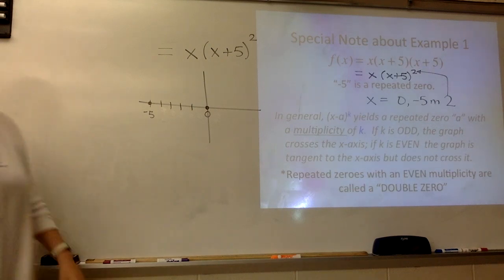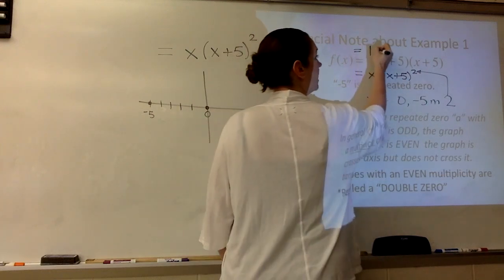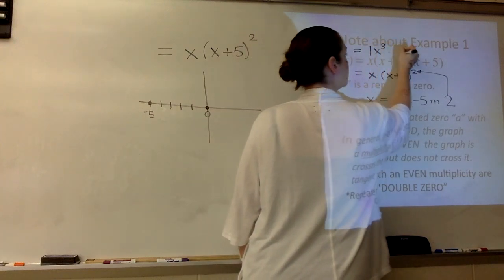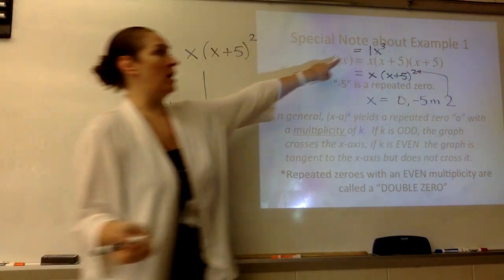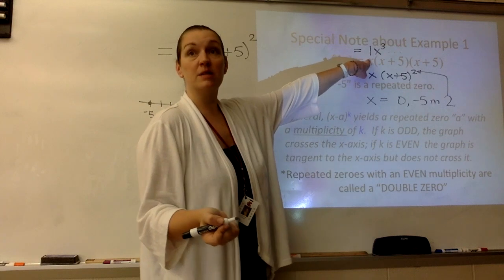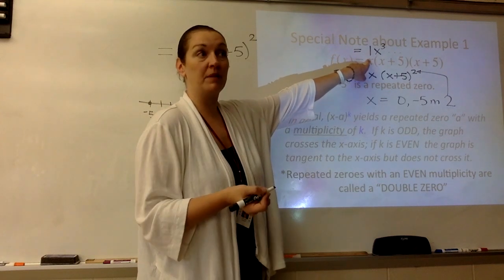Let's talk about leading coefficient tests. If I multiply this out, I'm going to get 1x cubed plus more terms after it. What's going to happen for the end behavior of 1x cubed? This is the part you probably want to check in if you haven't been paying attention, because we're about to go into more complex examples.